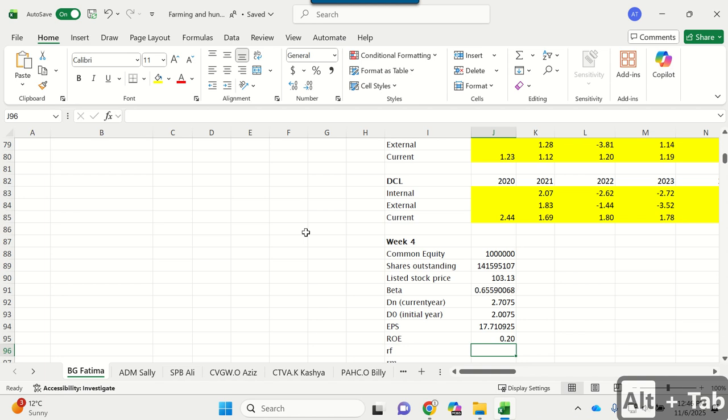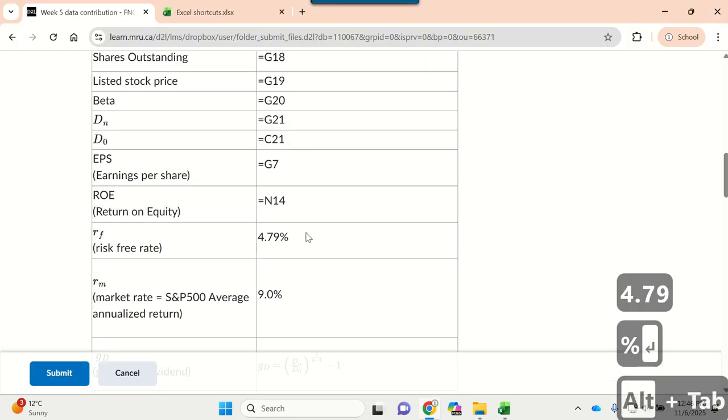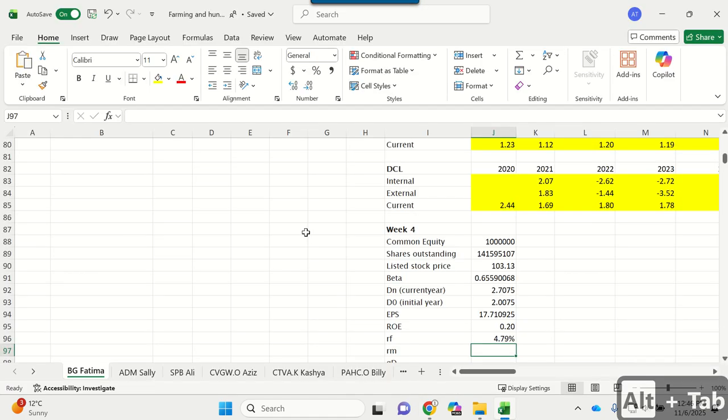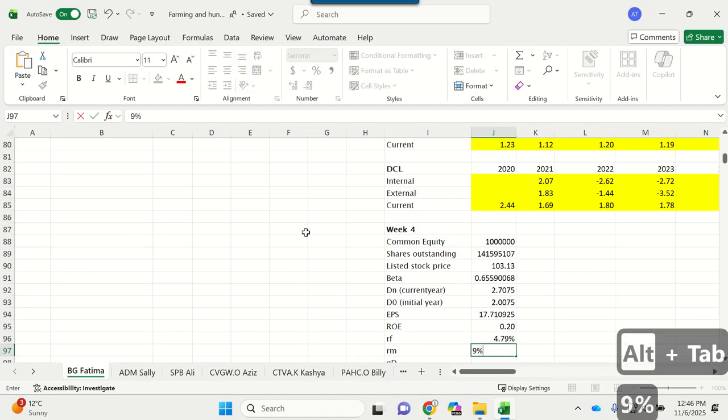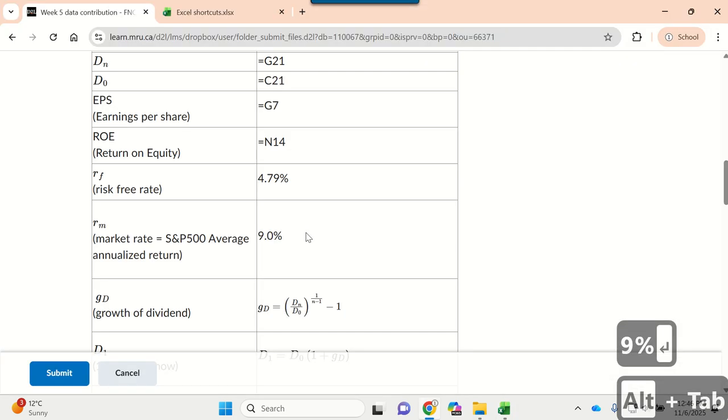That's the most current one. And the market rate, according to the S&P 500, is 9%. I should say 9.0, but basically still mathematically it's the same.